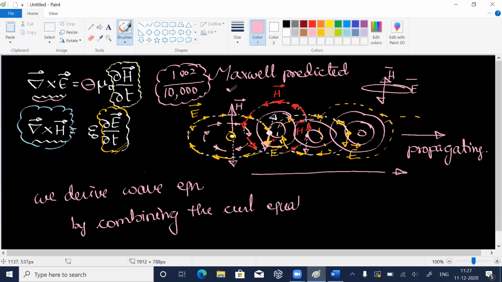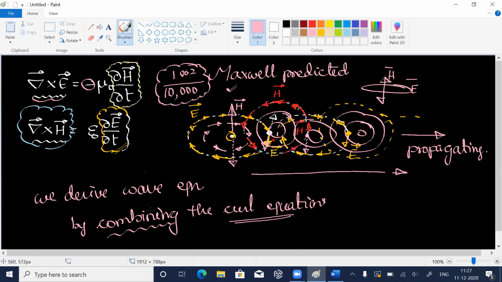First of all, you have to understand the motivation behind any derivation. Why are we going to combine the curl equations?